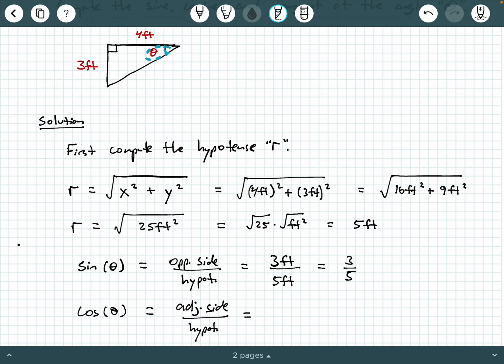Because the hypotenuse is its own separate third side of the triangle. So what is the side that is next to angle theta but is not the hypotenuse? Well, that's this side right here that is 4 feet. So we're going to say that this is equal to 4 feet divided by the hypotenuse, which of course we calculated as 5 feet. So this is the fraction 4/5.